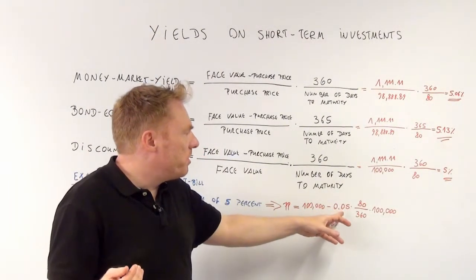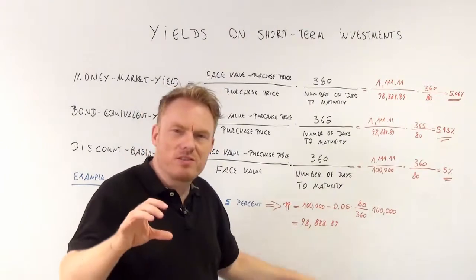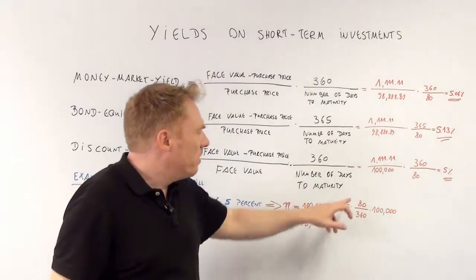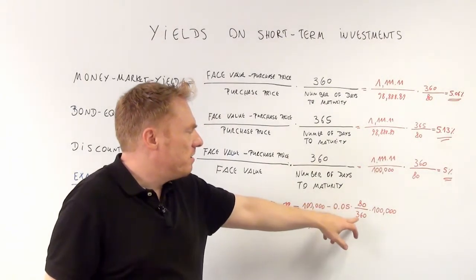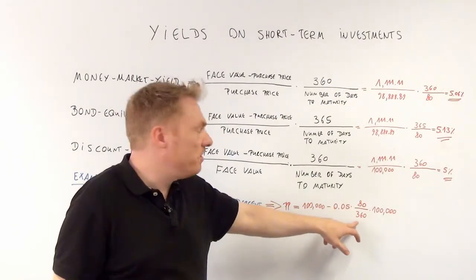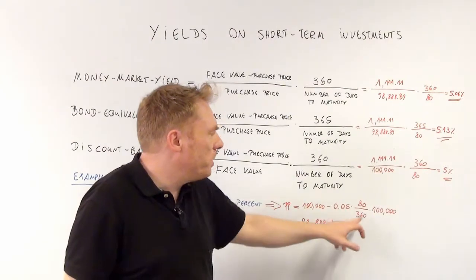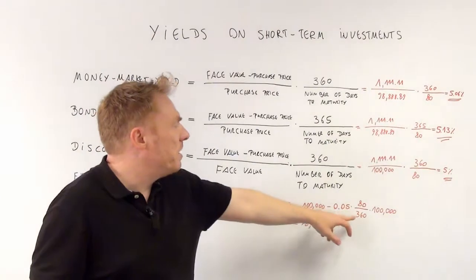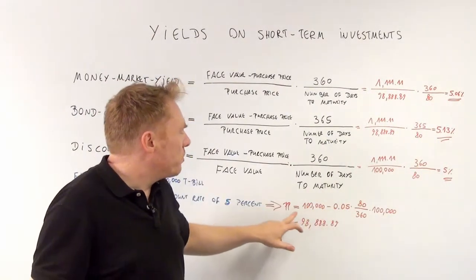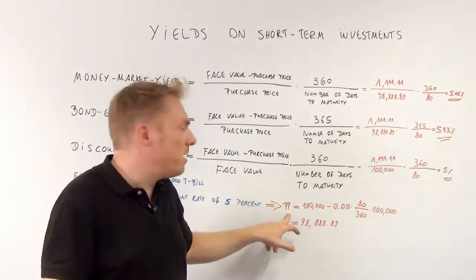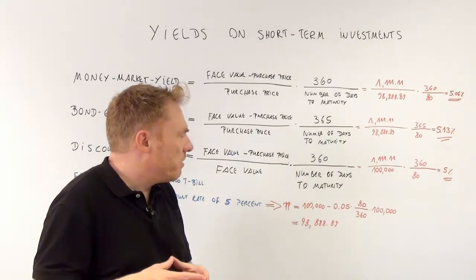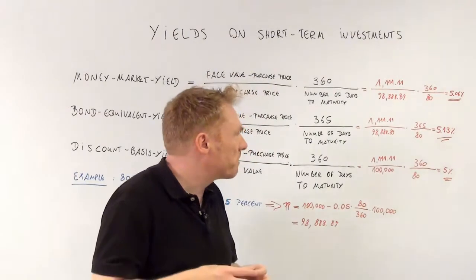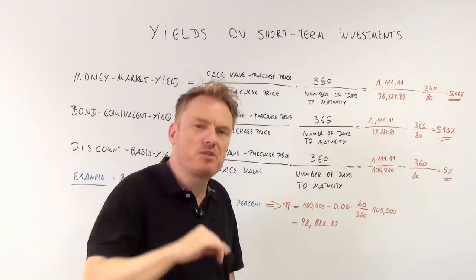But the discount rate is subtracted as only a part of the year, which means 80 days divided by 360 days, if we look at it the way that a year might consist of 360 days only. Which means we have a purchase price of $98,888.89. That's it. That's the purchase price.